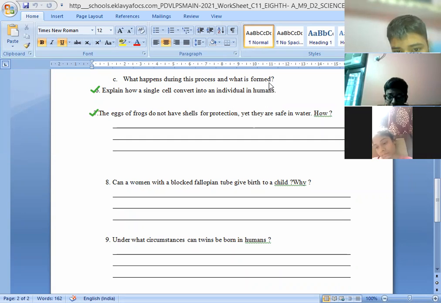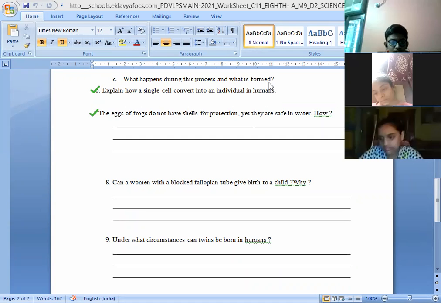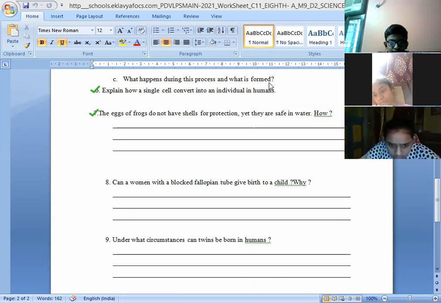And when that fertilization happens, they watch it and keep it under suitable conditions. When fertilization takes place and the zygote is formed, then that zygote is introduced in the mother's womb. Then the rest of the development of the embryo takes place inside the mother's womb.